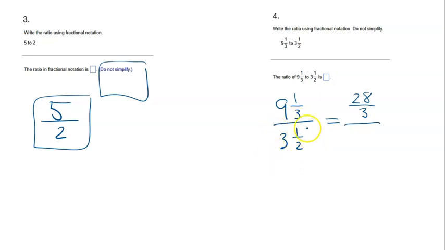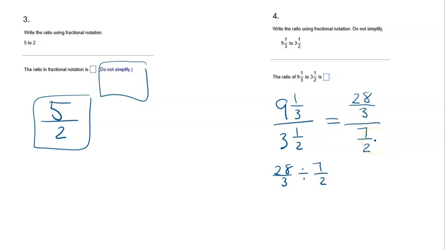I'm going to do the same steps here. 3 times 2 is 6, plus 1 more is 7, and you put that over the original denominator, which is 2. All right. Remember, the next step when you're dividing fractions, this is your 28/3 really divided by 7/2. If you need to see that written down, it's 28/3 divided by 7/2. That means exactly the same thing as what we have written right here.